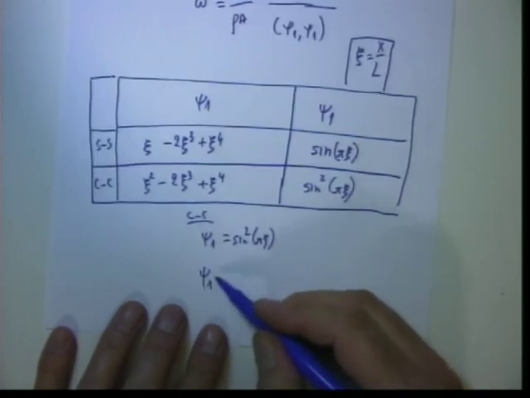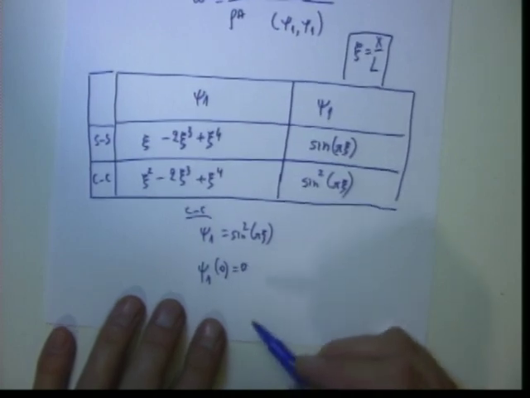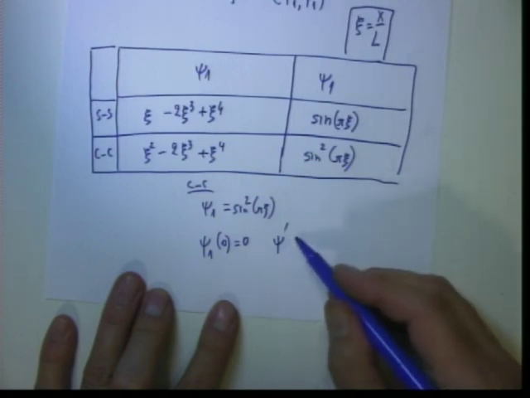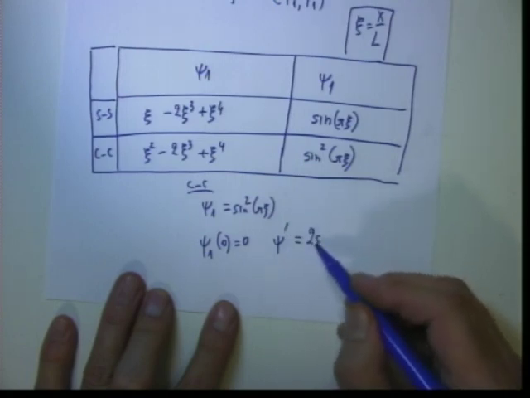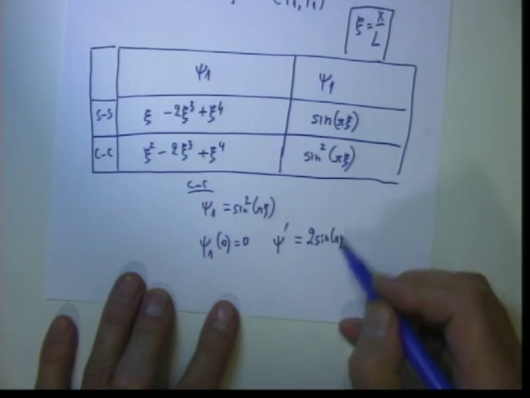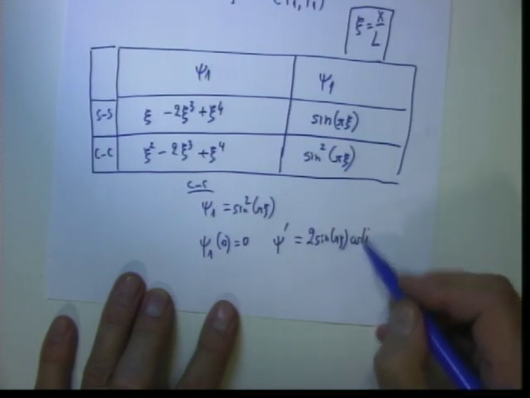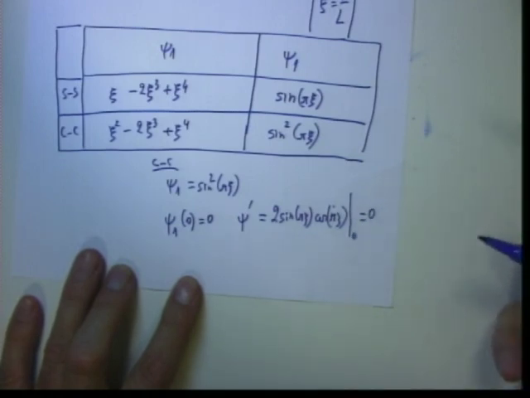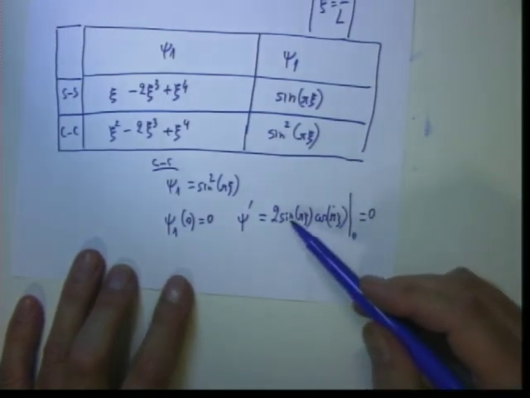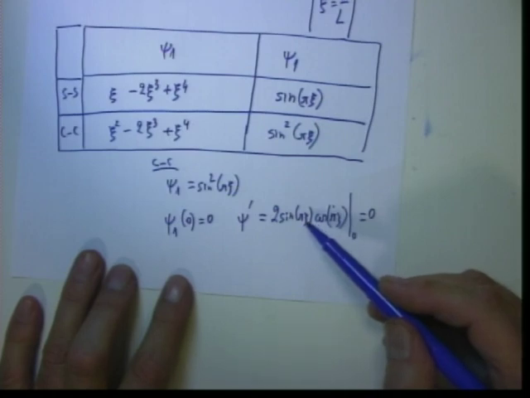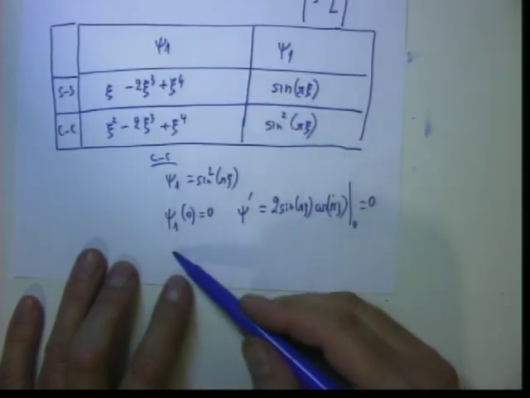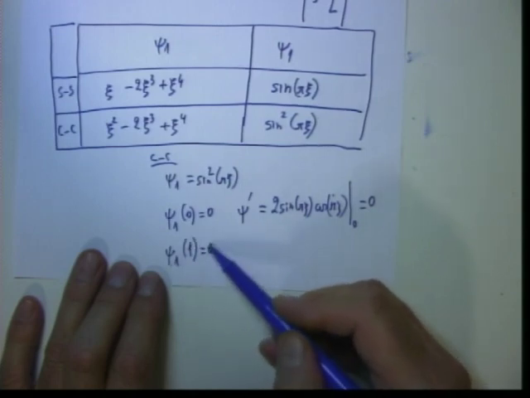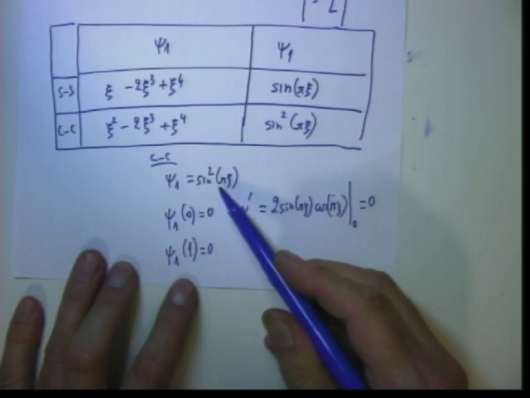So psi1 at 0 naturally equals 0. The first derivative of psi1 equals 2 times sine pi psi times cosine pi psi. So at 0, this equals also 0, because there is sine pi psi. Then psi1 at 1 equals 0 because it is sine square of pi.